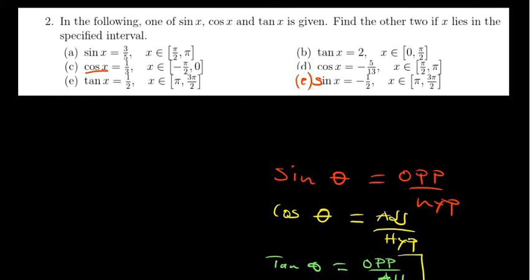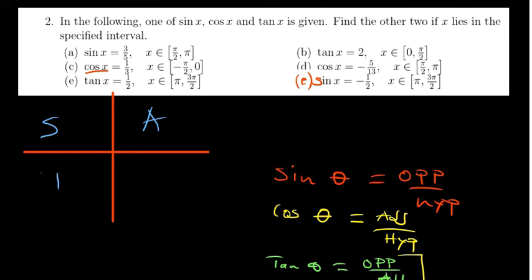So if we had to come up with the quadrants, we know that all students take coffee, so they are all positive in the first quadrant, and in the other quadrants, cosine is positive in the last quadrant, then these other two it will be negative.